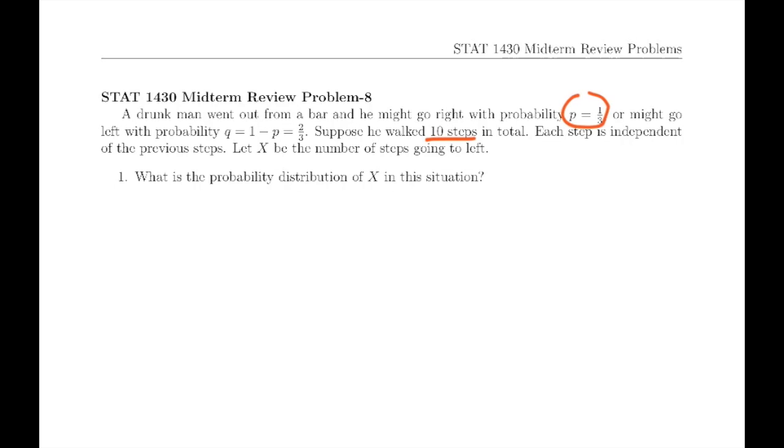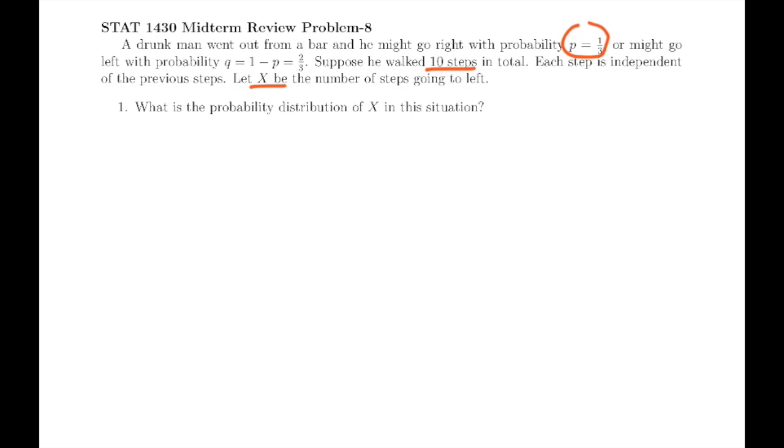And then we're going to let X be the number of steps going to the left. Firstly, we want to determine the probability distribution of X in this situation. We know that X can be at most 10 because we have only 10 steps in total, and each step is independent from each other.